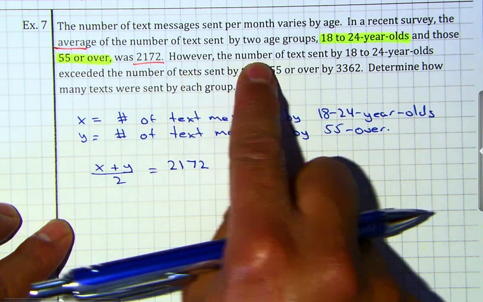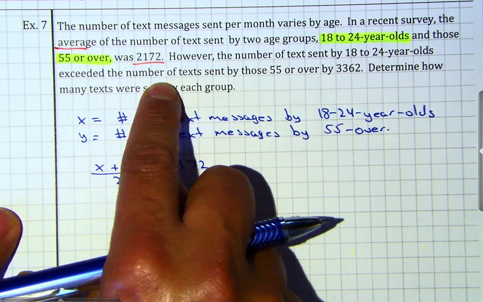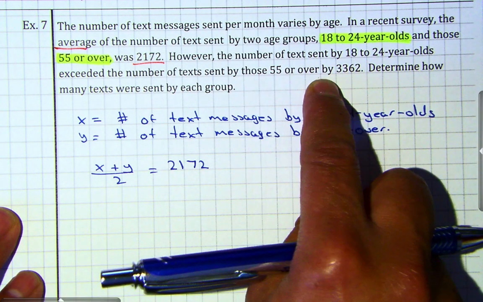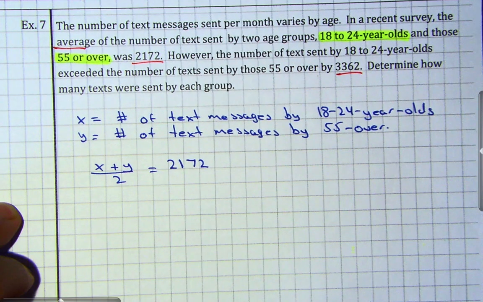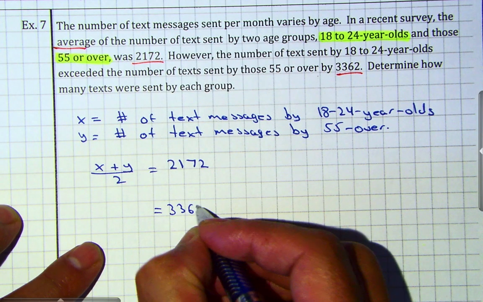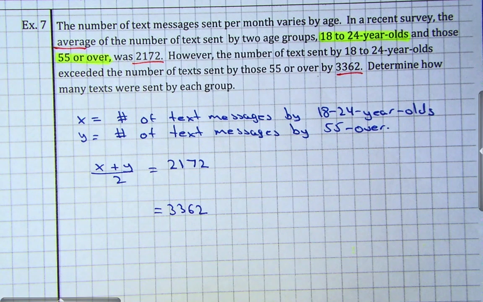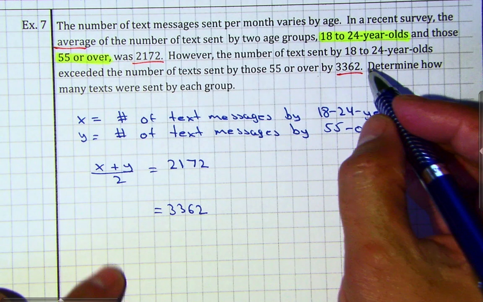However, the number of texts sent by 18 to 24-year-olds exceeded the number of texts sent by 55 and over by 3362. So what will be over here? So who sent the most?